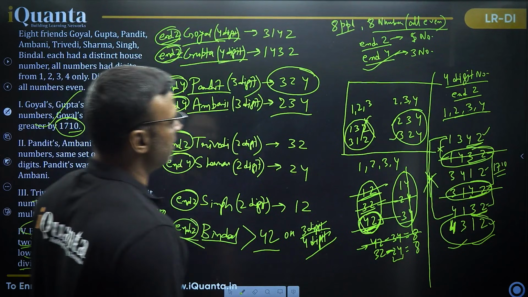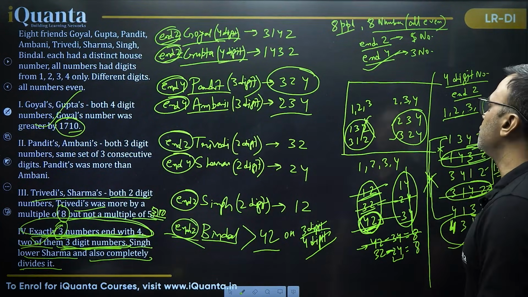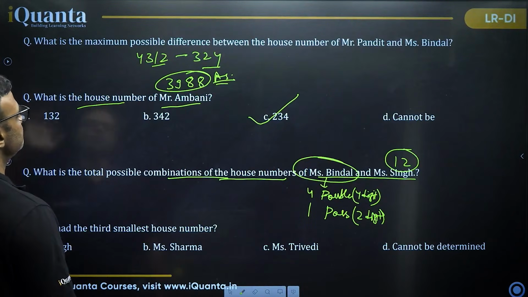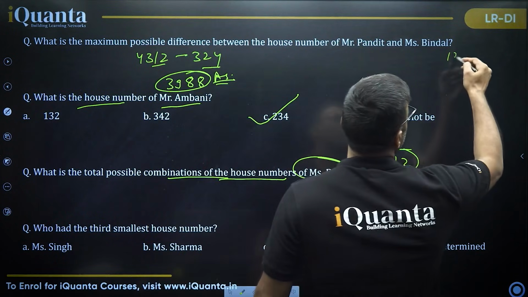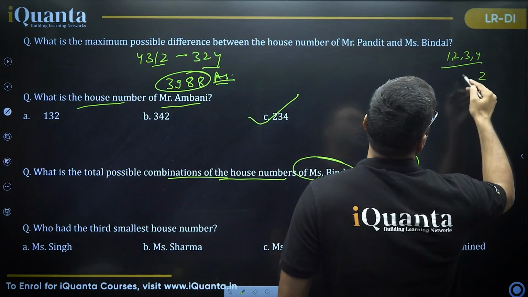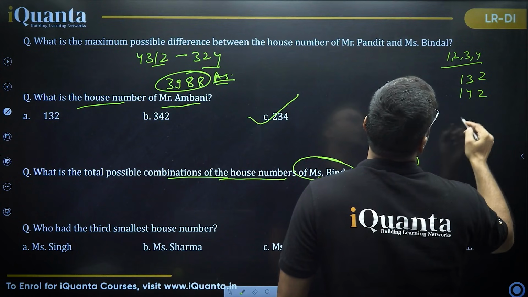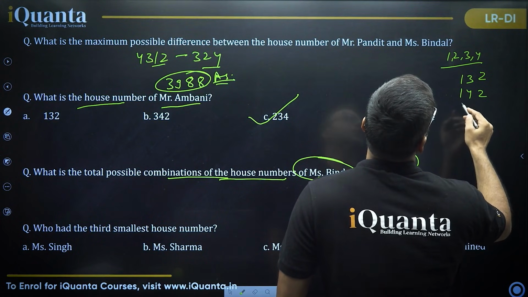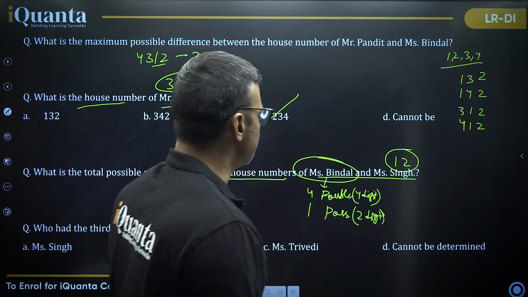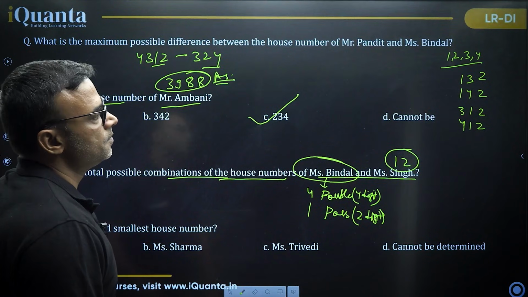Then count in the case of 3-digit numbers. Do we have a list of 3-digit numbers ending in 2? We don't have a list, so go back and check 3-digit numbers ending in 2. I have 1, 2, 3, 4. So 2, 1, 3, 1, 4, then 3, 1, 4, 1.